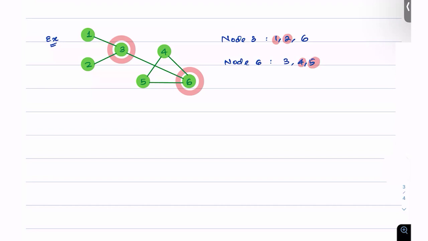Meaning, by this logic, node 6 is supposed to have a higher centrality in terms of eigenvector centrality. So we can write that C_EV of 6 should be greater than C_EV of node 3.